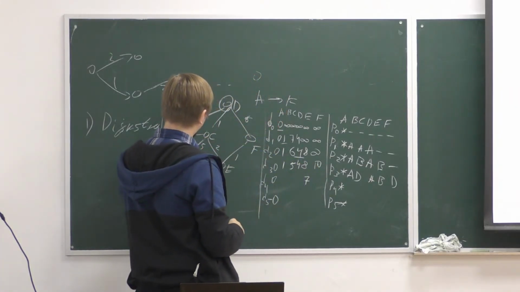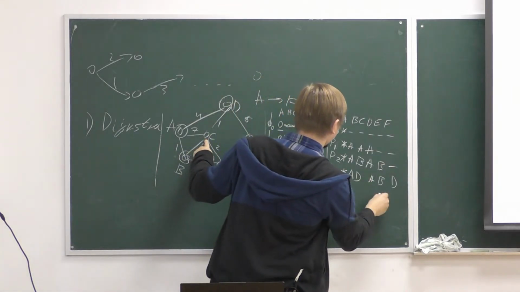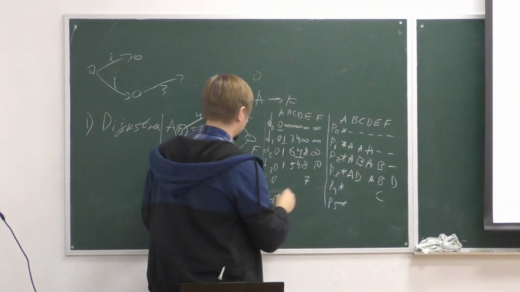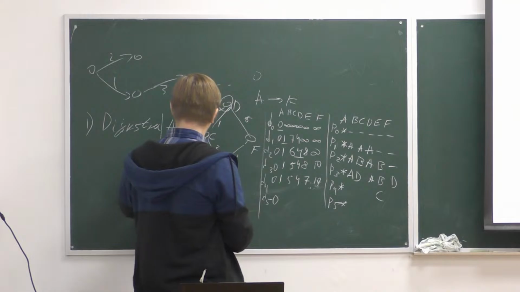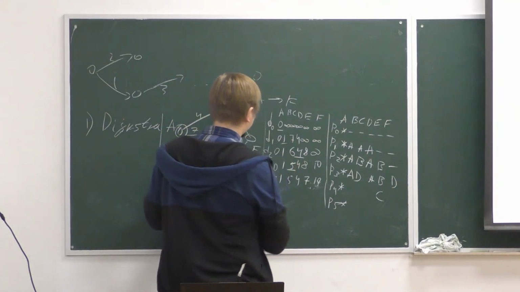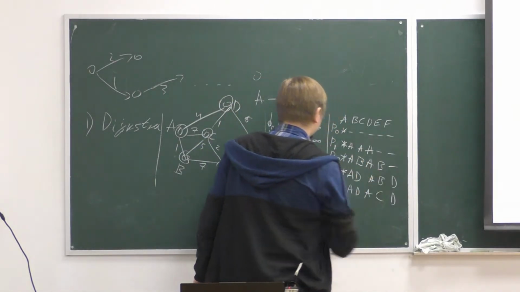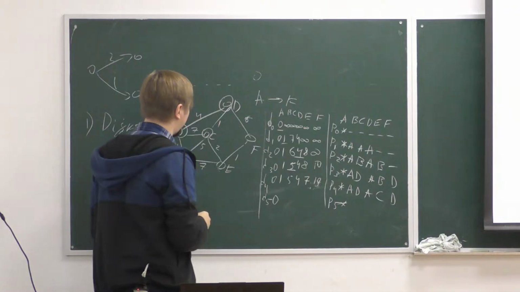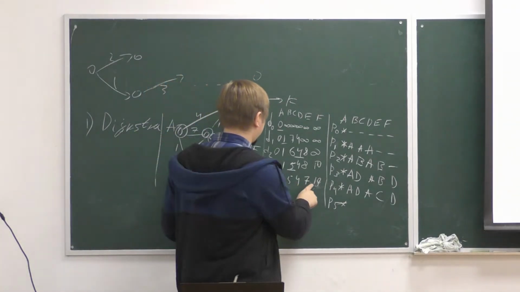So we go from C to E, and we also change it here by C. And we visited C on this step. A, D, and the last one, you see here, it's E.